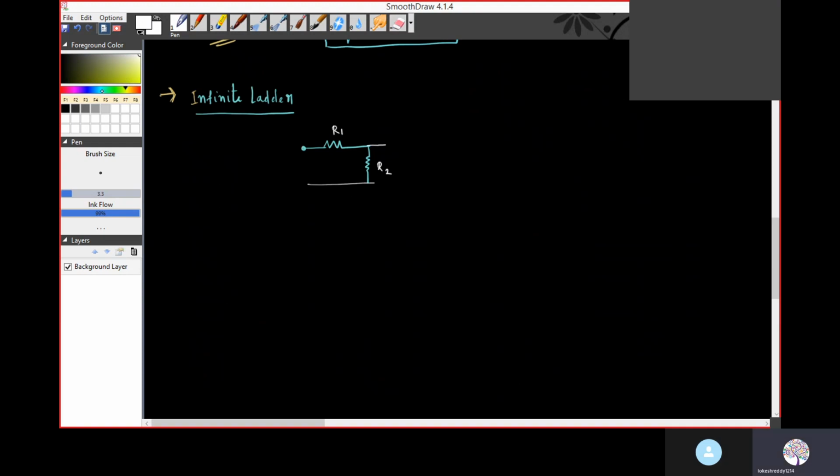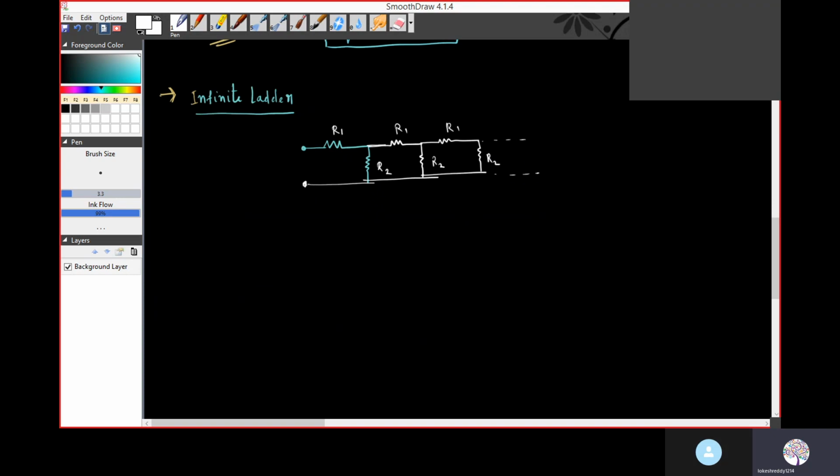So infinitely it will go on like this. Again you will have R1, R2, R1, and that is R2. So it goes on like that, an infinite series.